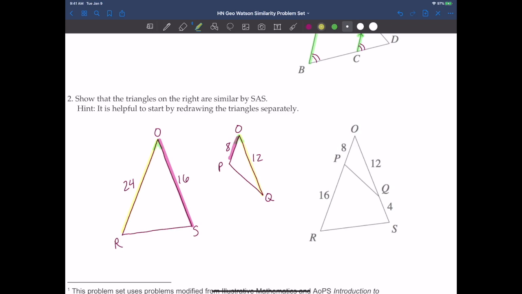So what you need to do is show that OR divided by OQ is equal to OS divided by OP. In other words, show that the side lengths of these triangles are related by the same scale factor.